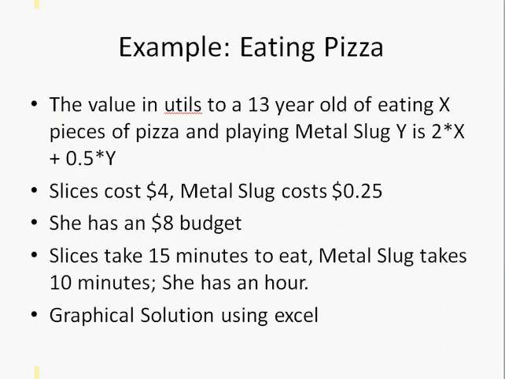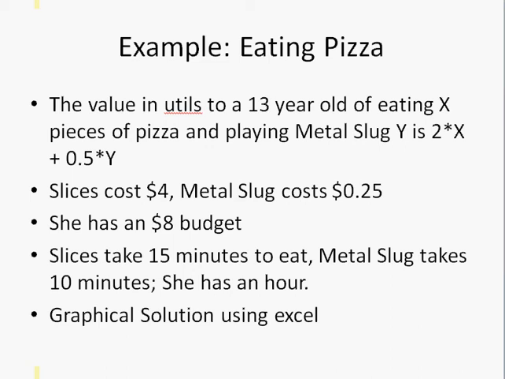So let's do an example of a linear program and what that might look like. Suppose I'm thinking about a 13-year-old child who is going to spend an afternoon at an arcade, and she plans on eating pizza and playing her favorite arcade cabinet game, Metal Slug.